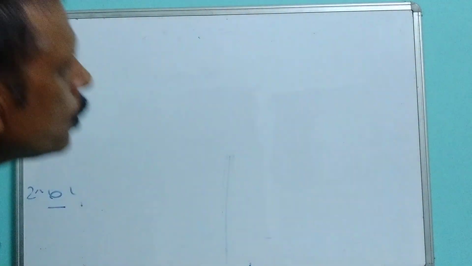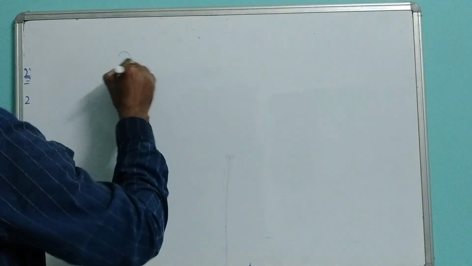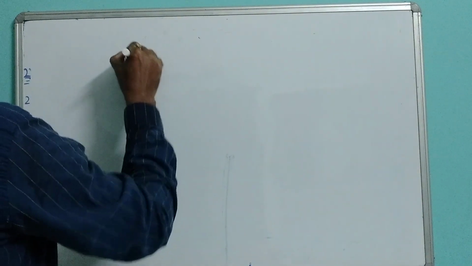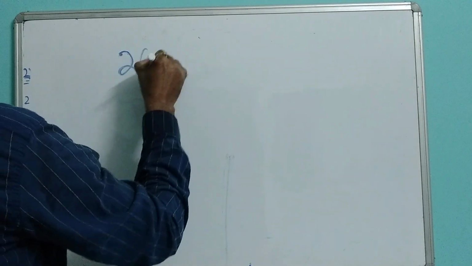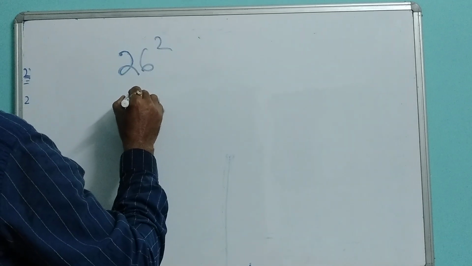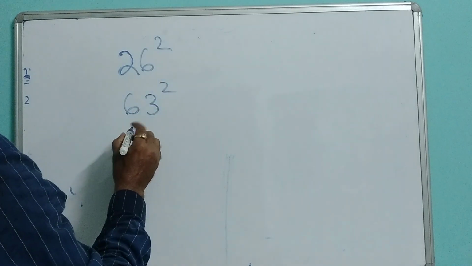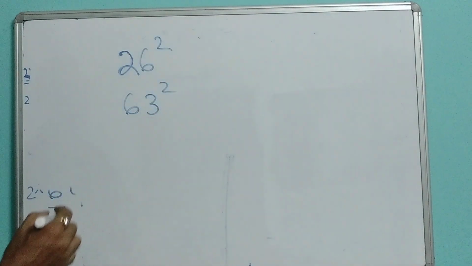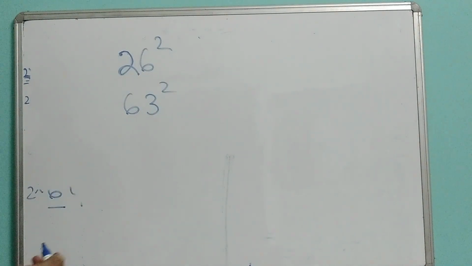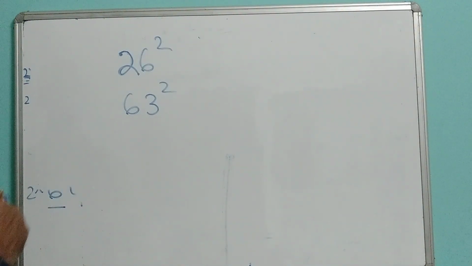One or two more examples I will give you. Let us consider 26 square, 63 square, 34 square. Randomly you will choose your number. You may practice it at home, and if you have any problem you may ask me.